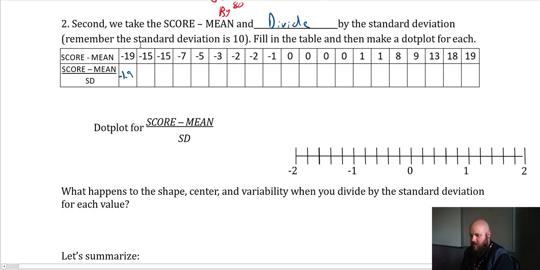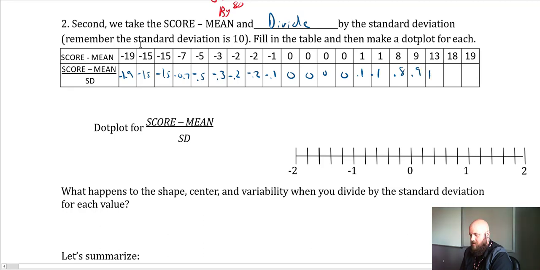So negative 1.9, negative 1.5, negative 1.5, negative 0.7, negative 0.5, negative 0.3, negative 0.2, 0.2, negative 0.1, 0, 0, 0, 0, we're going to say 0.1, 0.1, 0.8, 0.9, 1.3, 1.8, 1.9.